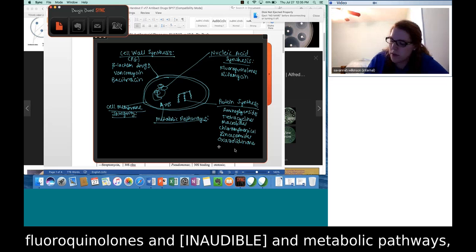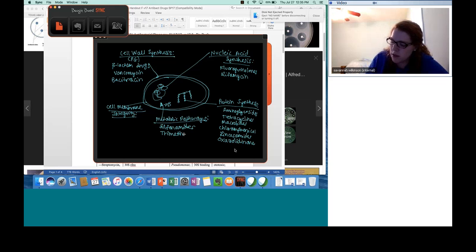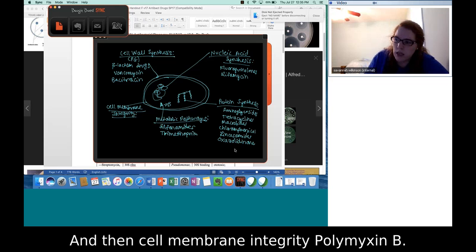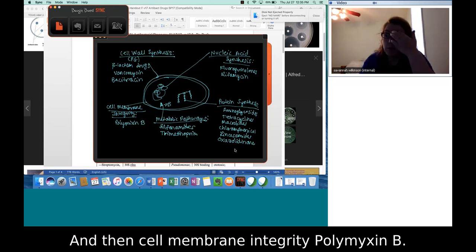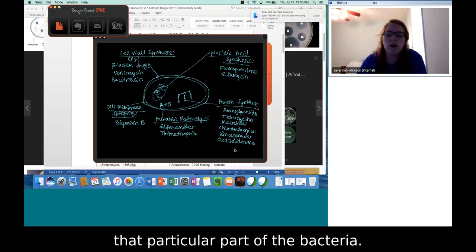And metabolic pathways: sulfonamides and trimethoprim. And then cell membrane integrity: polymyxin B. So pretty much these antibiotics affect or attack that particular part of the bacteria.